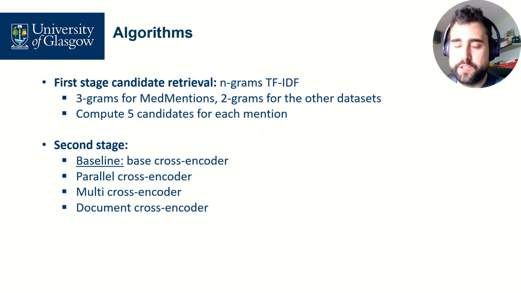We apply a 2-stage entity linking architecture, as mentioned earlier, in which we first apply an n-gram TF-IDF model as first-stage retriever, and each of our cross-encoder re-rankers as a second stage. As our baseline, we consider the base cross-encoder, where we have one call per mention-entity pair.